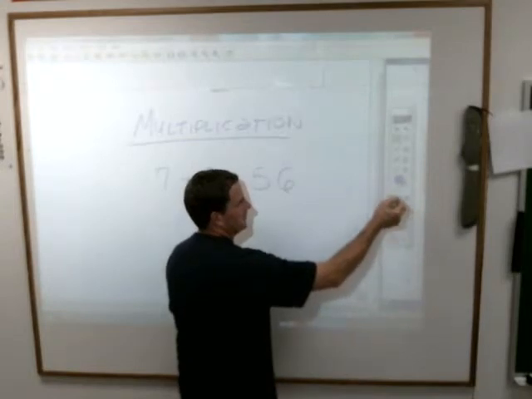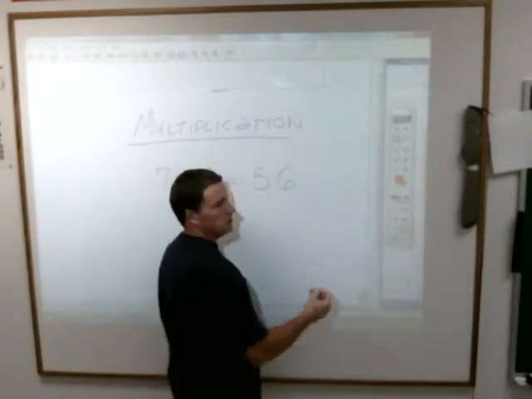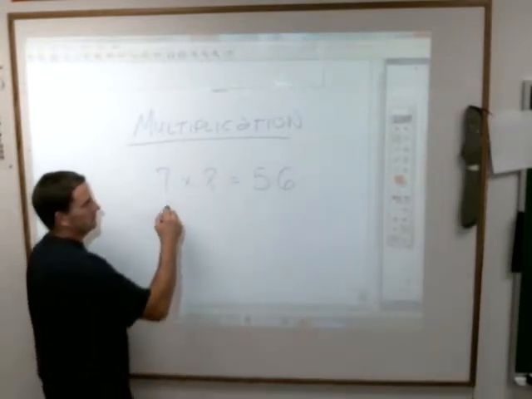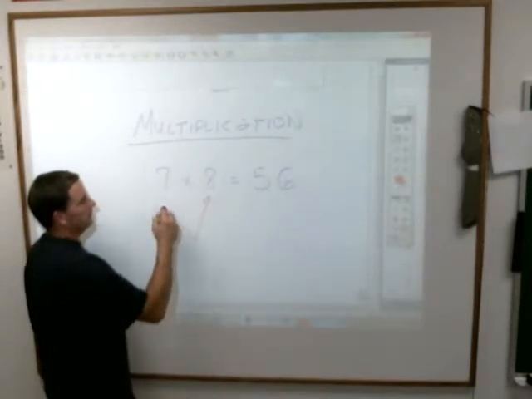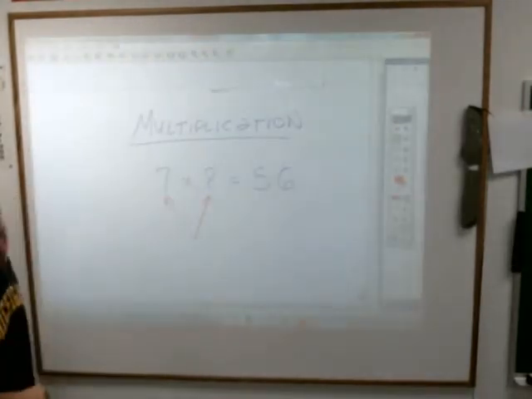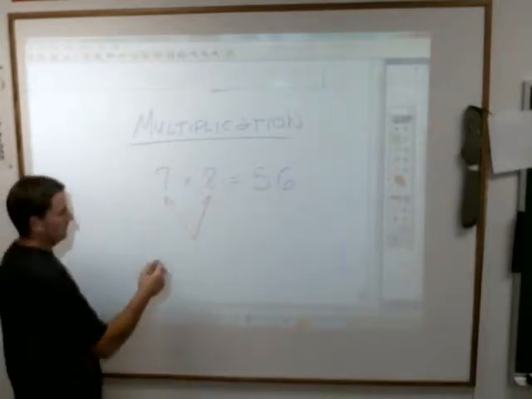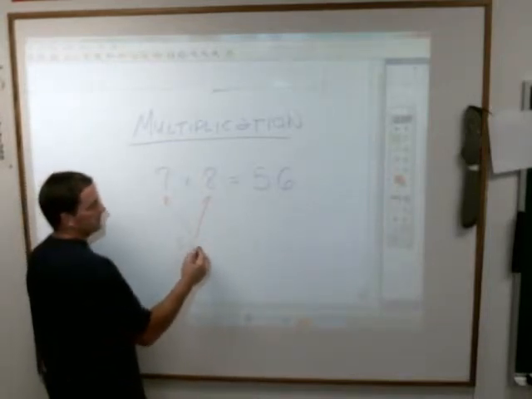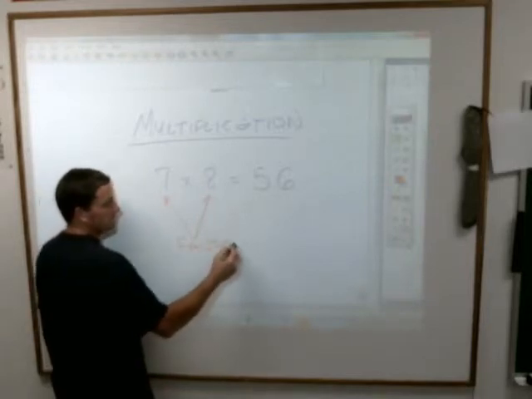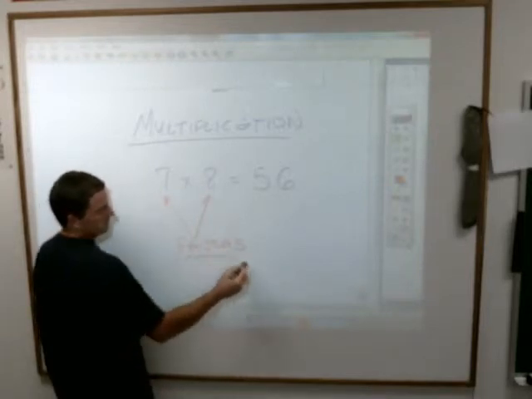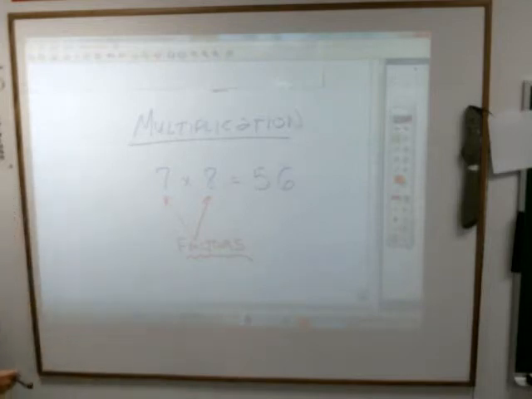Why do you suppose in addition and in multiplication you end up with things that have the same name? Like in addition it was the addends, and in multiplication it's the Savannah? Factors. Why do you suppose those don't have different names? Anybody got a good reason? Yeah, because it doesn't matter what order.